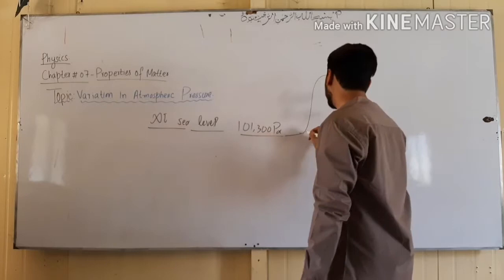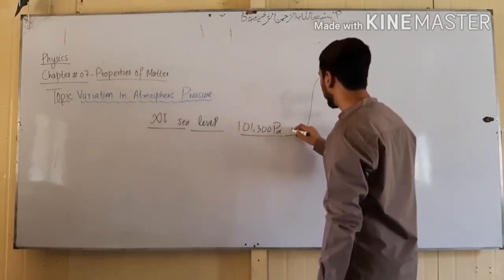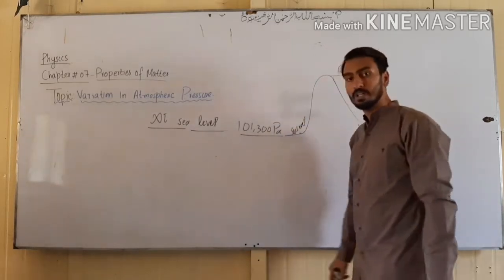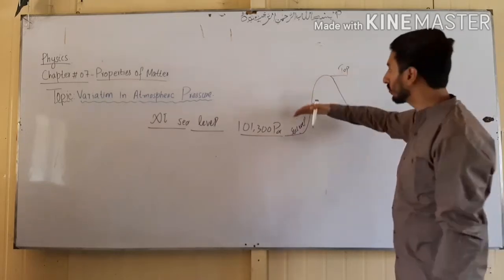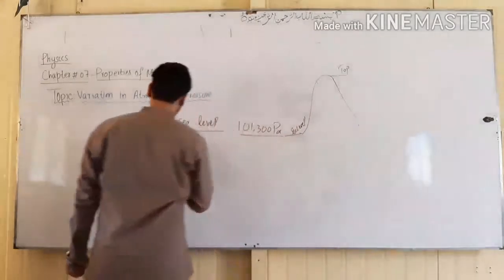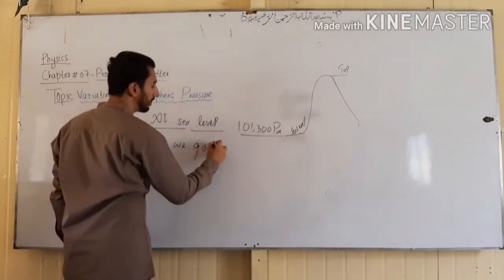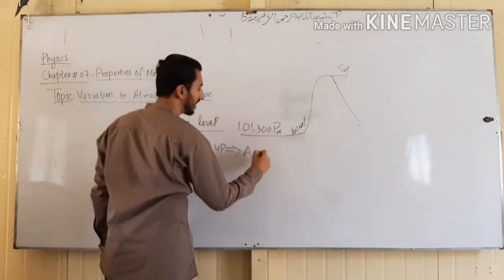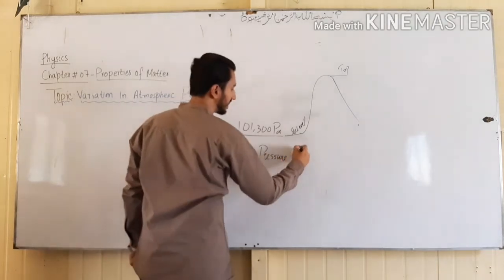This is sea level, and this is the top of the mountain. Now, as we go up to the higher places, to the top of the mountain, the atmospheric pressure decreases. You can say that as we go up, atmospheric pressure decreases.